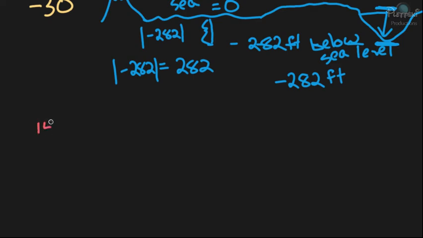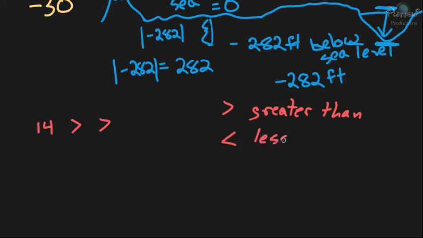Let's compare 14 and 7. Okay, well 14 is greater than 7. So we use the inequality greater than. And a reminder, that symbol is greater than. And we have less than. And then there's a couple more symbols.